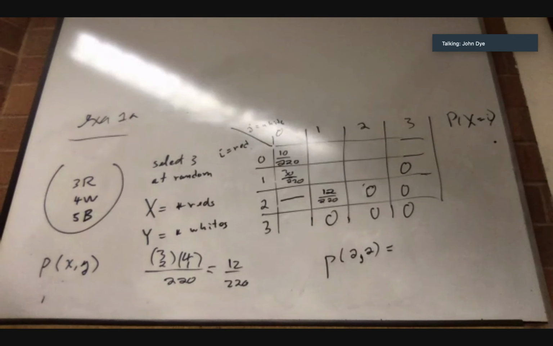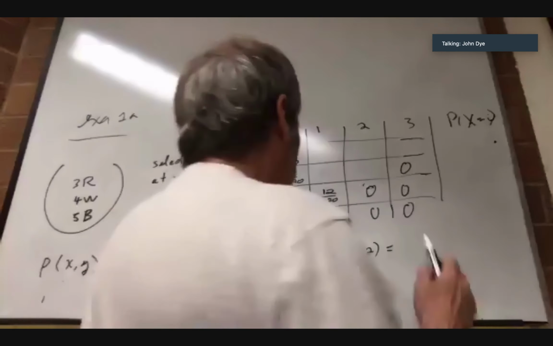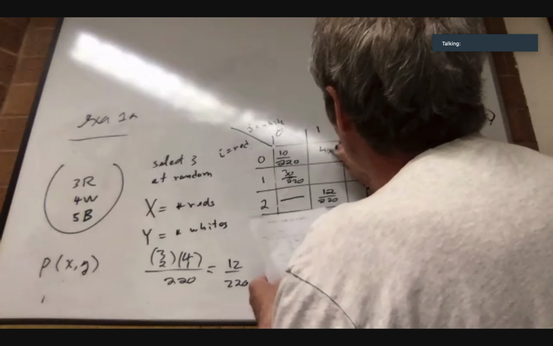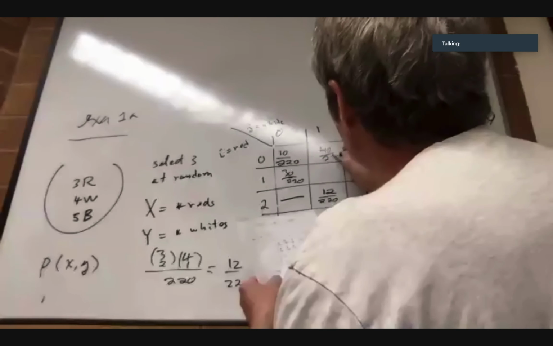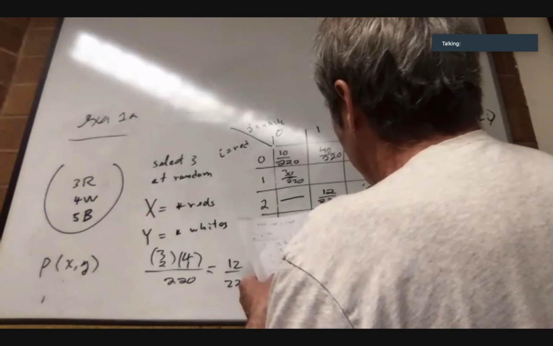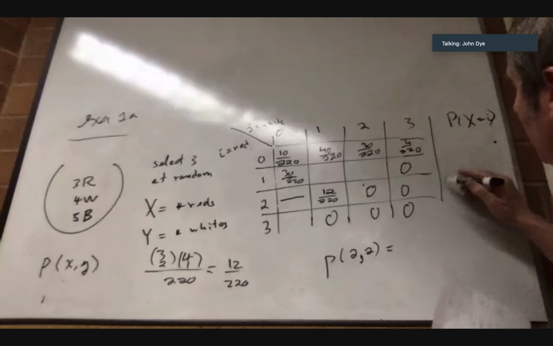Okay, let's pick on that one right there. Just to save time, let me put in the rest of the numbers here: 40 over 220, 30 over 220, and 4 over 220. Okay, so what goes in this marginal column here?